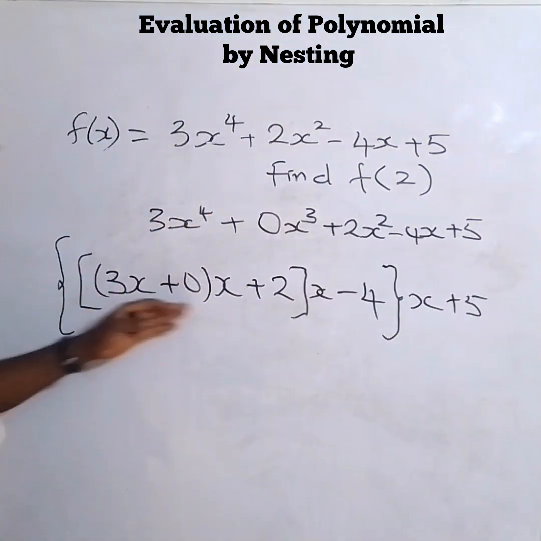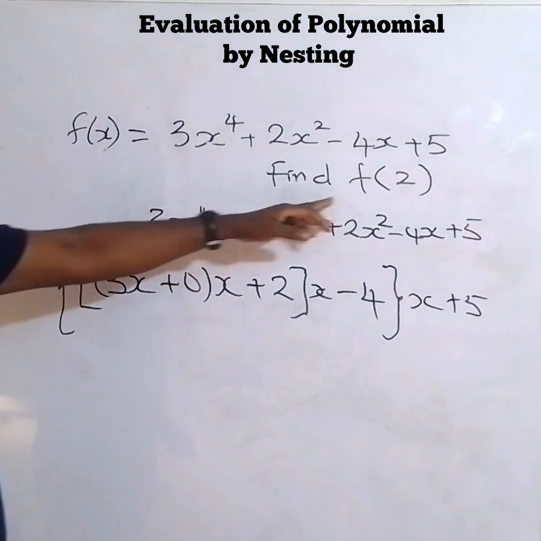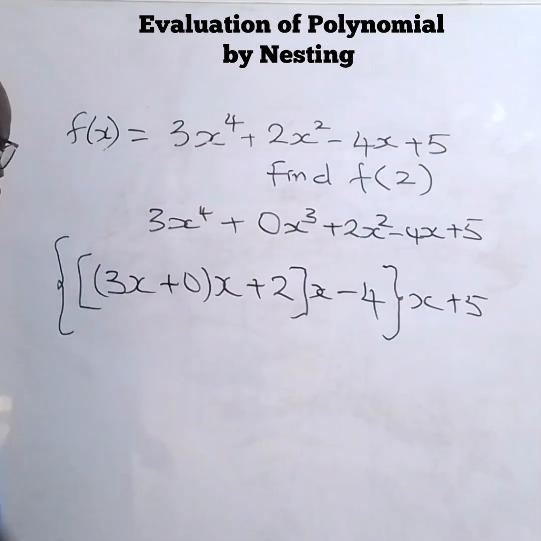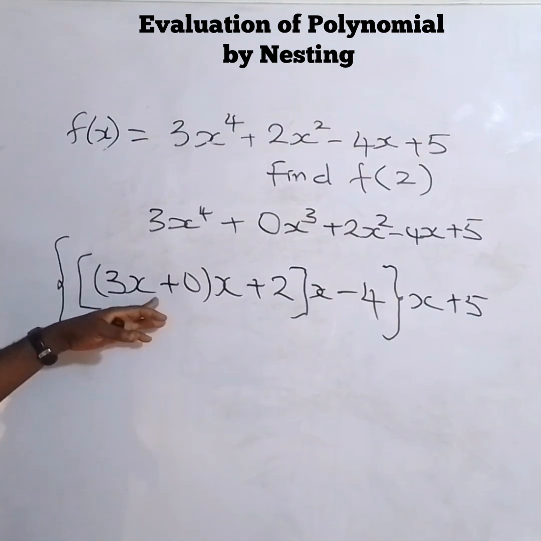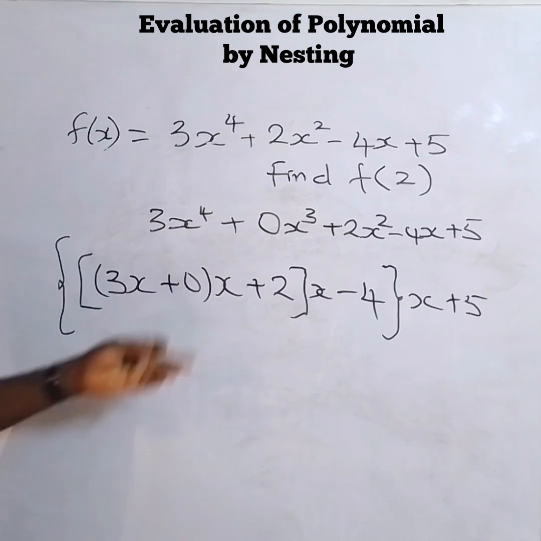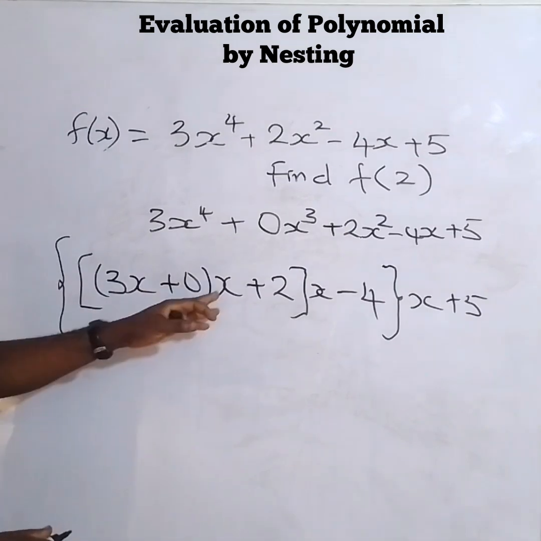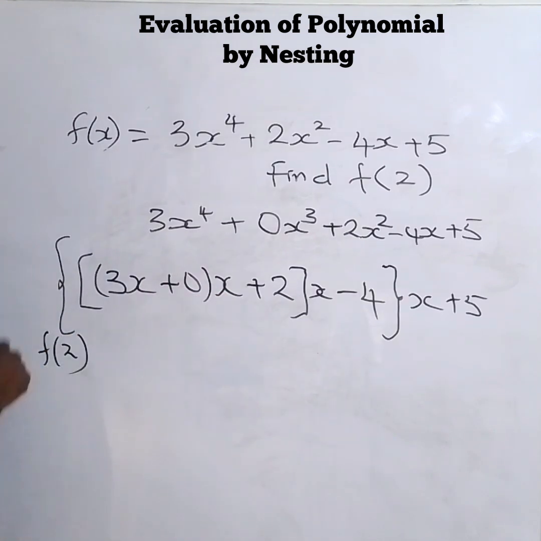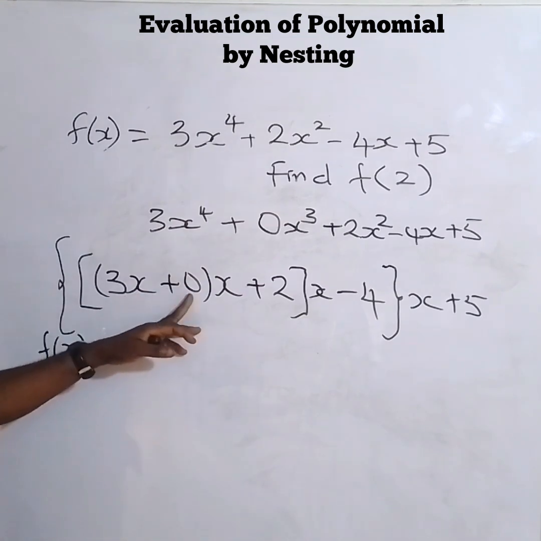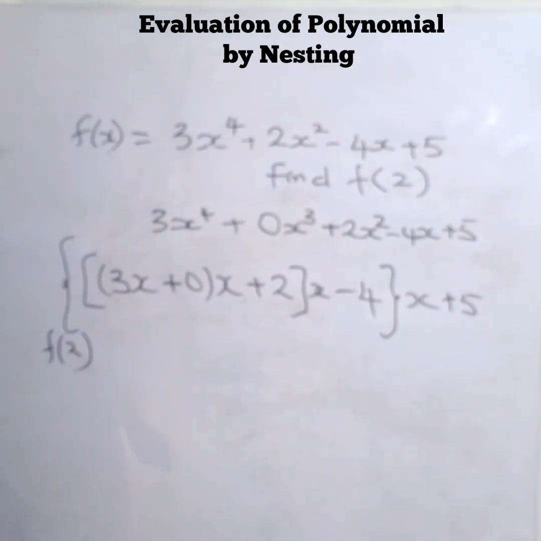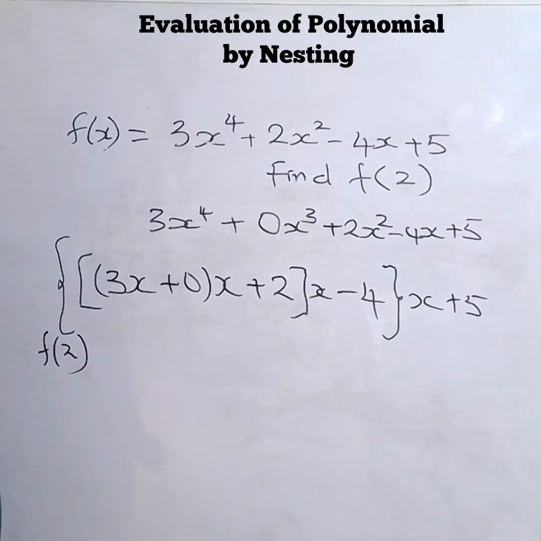So with this, you can easily get what we call f of 2. So put your 2 there, starting from the innermost here. 3 times 2, that is 6. 6 plus 0, that's 6. 6 times 2, that's 12. 12 plus 2, that's 14. 14 times 2, that's 28.